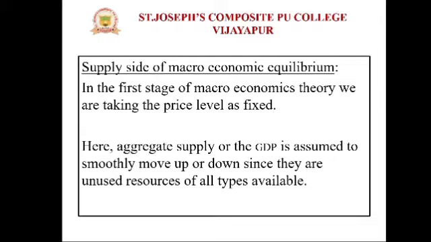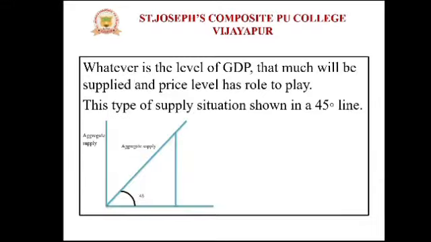That means aggregate supply or the GDP is assumed to smoothly move up or down, and the resources are unused and available in all types. Whatever the level of GDP, that much will be supplied, and the price level has a role to play.